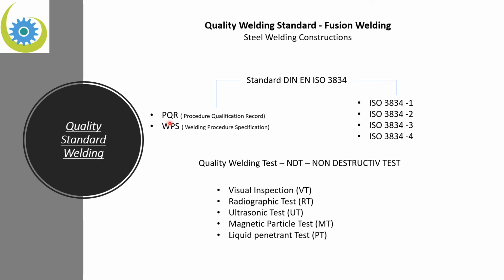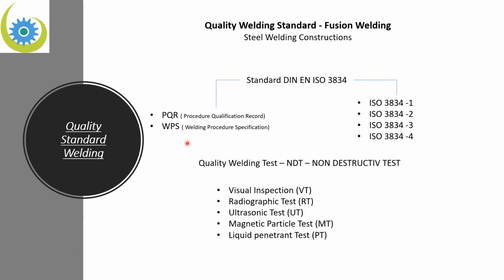It also includes a PQR and WPS certification. This can be done in-house, for example, certified by a welding engineer if you have one as an employee in your company. It assures your welding process. If you want more information about this, you can find it on the internet, for example.